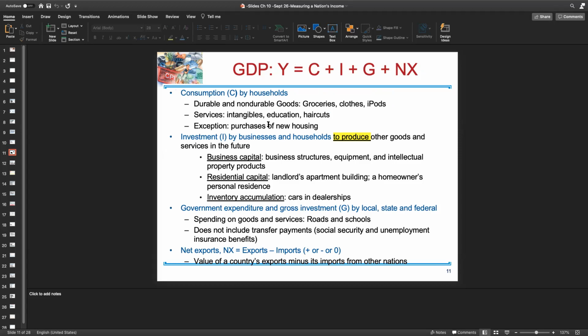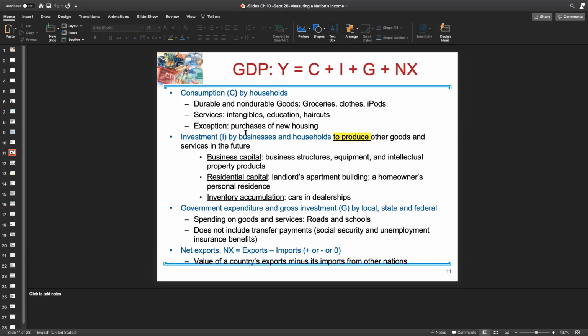And in exchange, you have to pay them, so this is included in the GDP. But if your neighbor is cutting your grass just out of friendship, that is not included in the GDP, right? There should be production and an exchange of money.